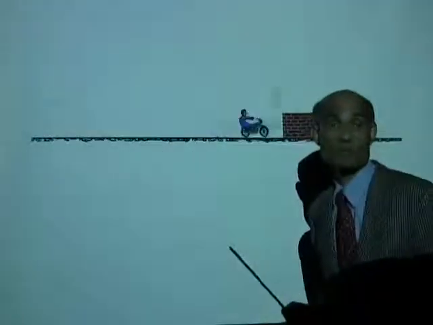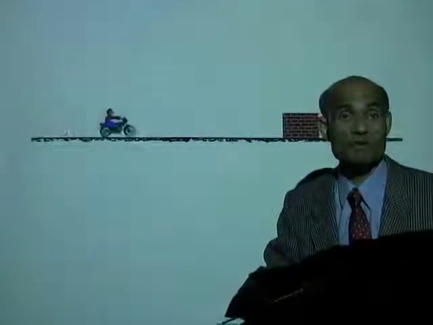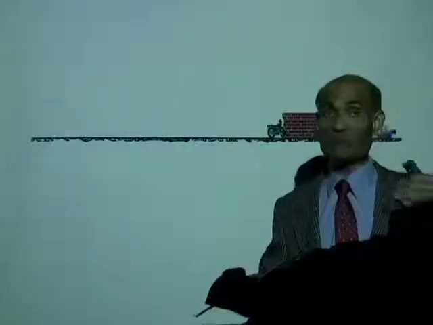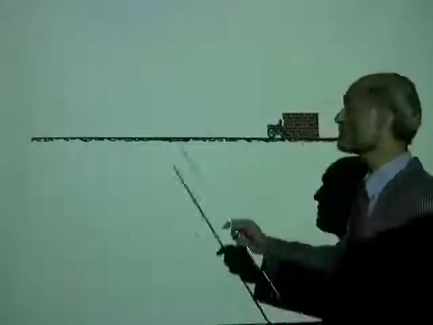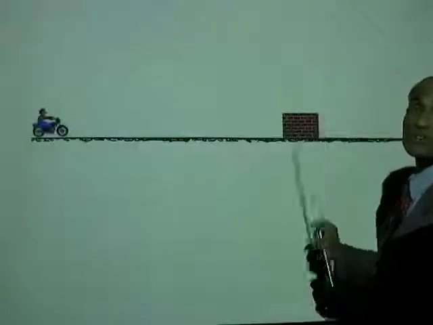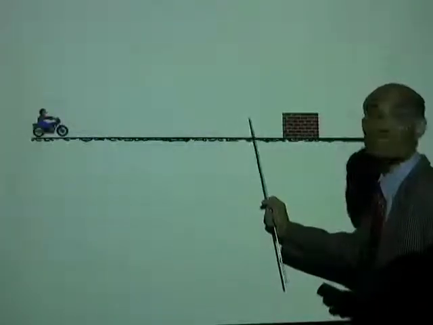Some of you must have experienced this. If you are on a motorbike and the motorbike is suddenly brought to a stop by something, well, you have been moving with the motorbike. If the motorbike is brought to a stop, you are going to continue moving. This is a good example of inertia. Why does the man behave like this?